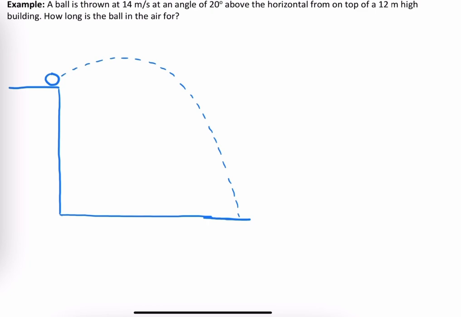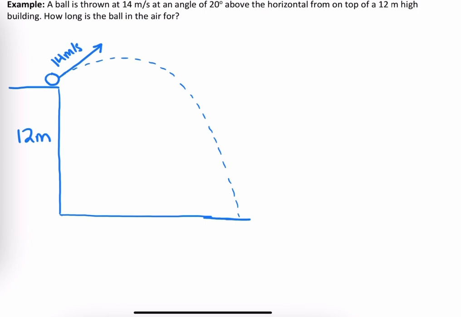Okay, so my initial velocity, instead of being this way at 14 meters per second, is in this direction at 14 meters per second. Everything else I've kept the same about this problem. The building is 12 meters high. And the initial speed is 14 meters per second.